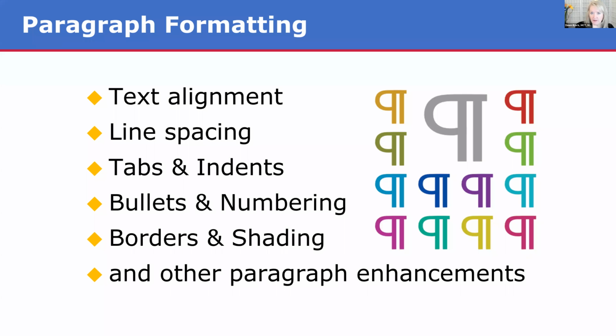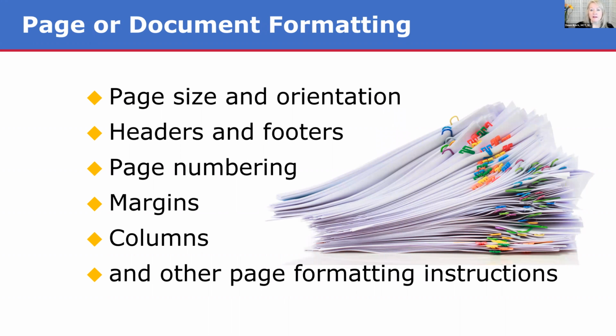These types of paragraph enhancements are found in the paragraph group within the ribbon or part of the dialog box. This is probably where we have the most frustration because of how text might change for us or trying to have things be consistent. Then we have page or document formatting.